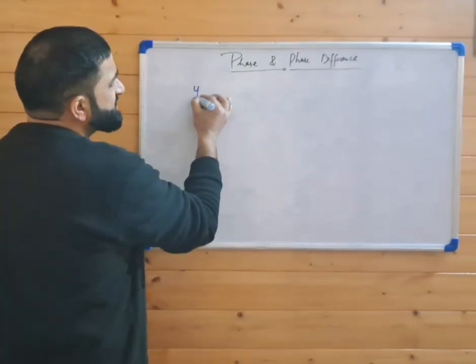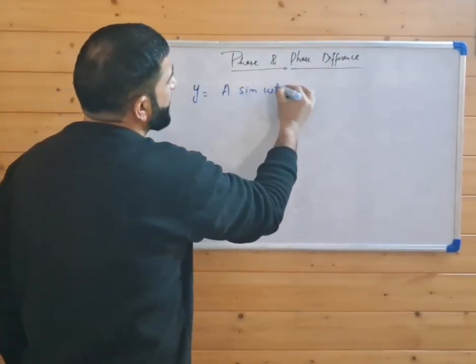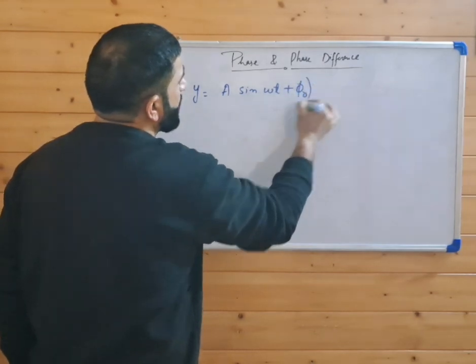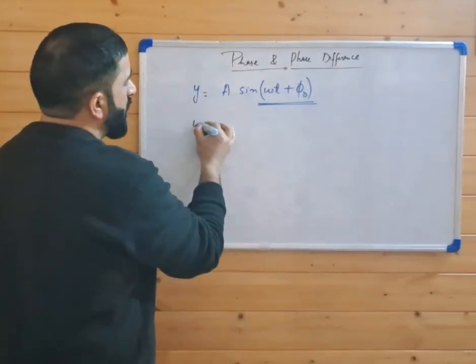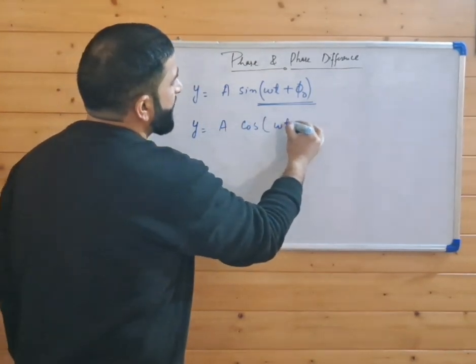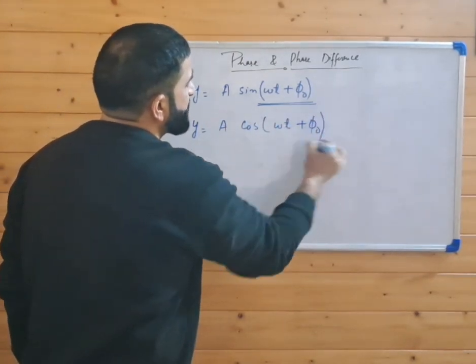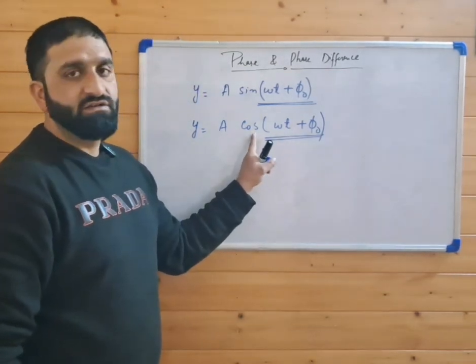If y is equal to a sine of omega t plus phi 0, this term is the argument of the sine function, or if y is equal to a cos of omega t plus phi 0, this term is the argument of the cosine function.